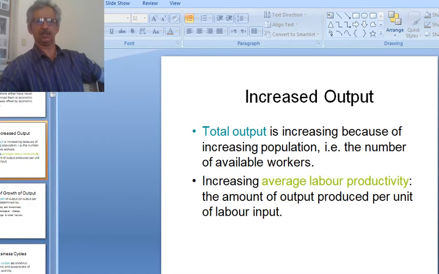So, increased output. When we say economic growth, we are talking about the total output of the country, the things which are produced, and usually we use the term GDP, the gross domestic product of the country. The total output is increasing because of the increasing population, the number of available workers.